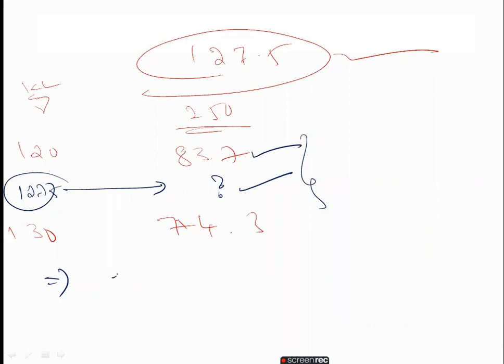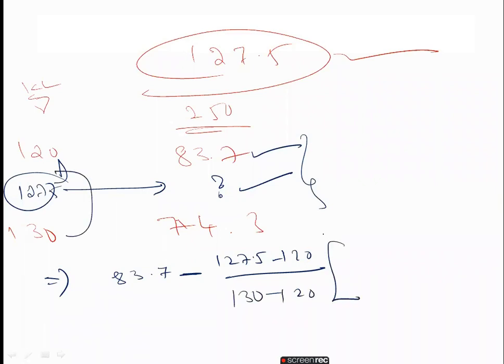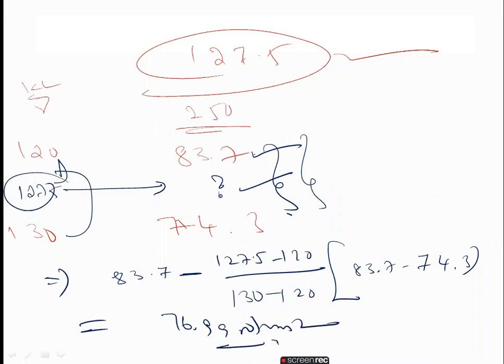First, you deduct from 83.7 the factor: 127.5 minus 120, over 130 minus 120, multiplied by 83.7 minus 74.3, the difference of these two values. Then you will get 76.99 Newton per mm square. Like this, you have to calculate the interpolation. This is from table number 9C of the IS 800 code.